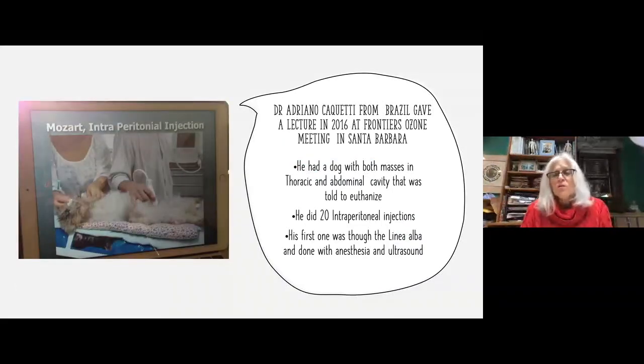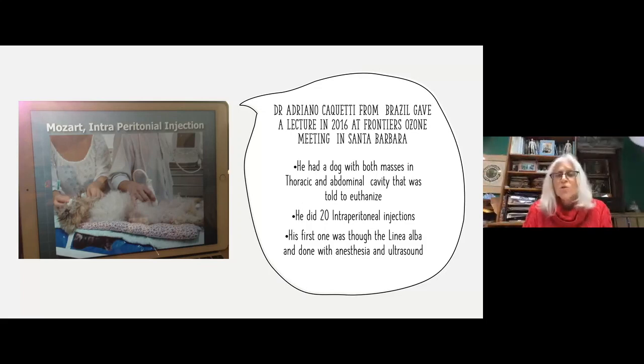So I went to the Ozone Frontiers meeting in 2016, and Adriano Caquete from Brazil was giving a lecture on giving intraperitoneal ozone injections into a dog. This is a cat that he was doing, but it was a dog that he had, with masses in both the thoracic and abdominal cavity, and was told to be euthanized. He did 20 IP injections.